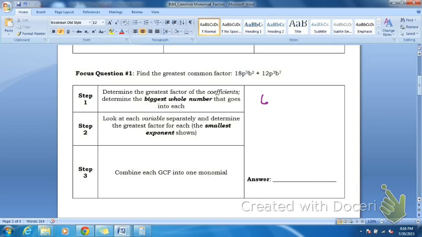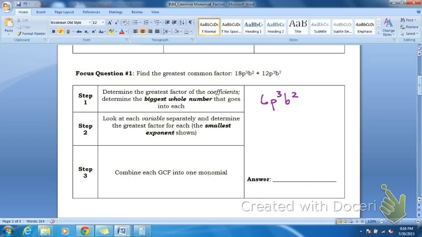We can use p to the 3rd as part of our GCF. Now we can move on to the b's. We look at b squared and b to the 7th power. Between those, the lowest is b squared. So b squared will also be included in our greatest common factor.